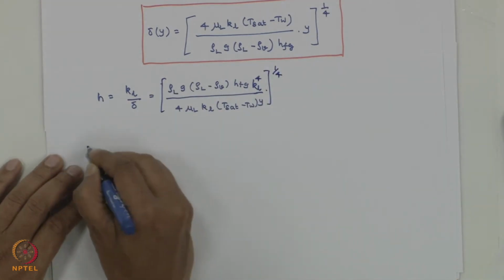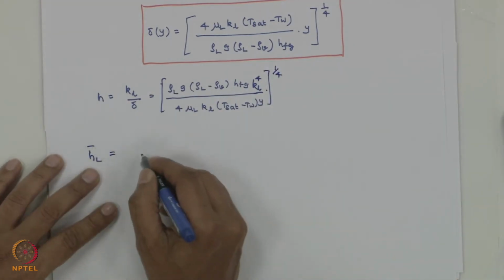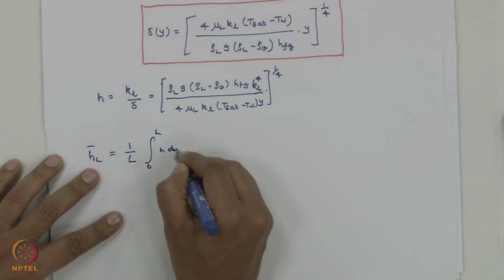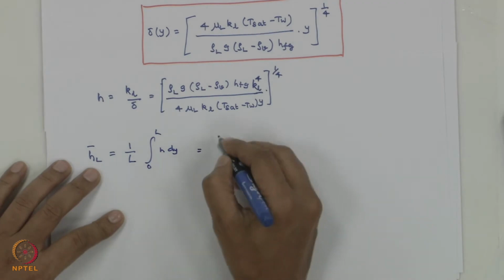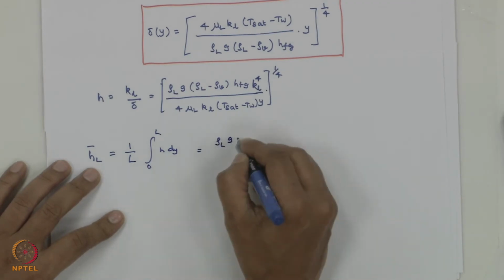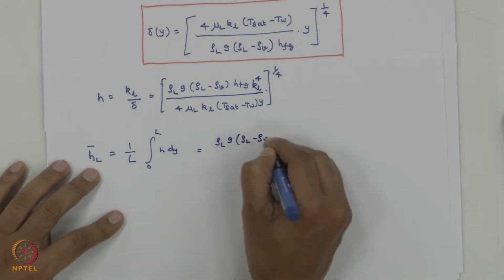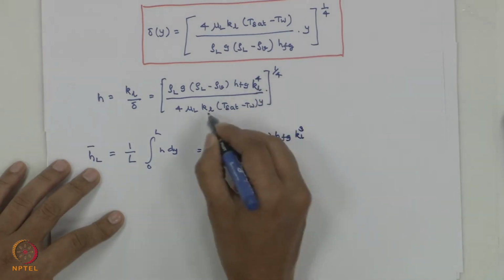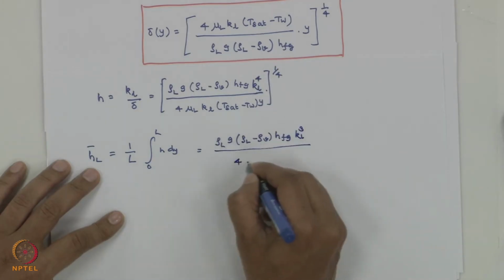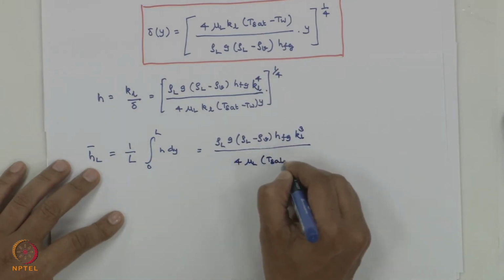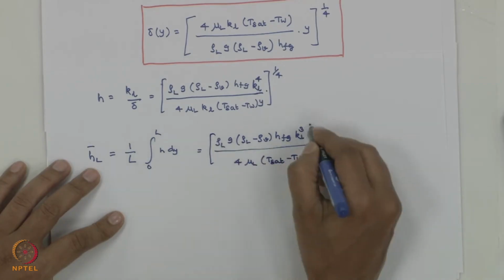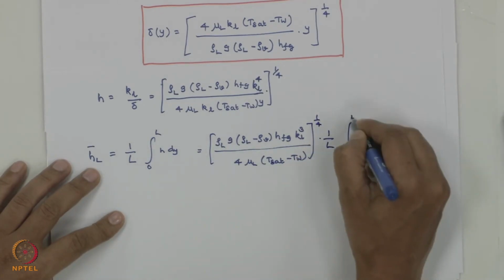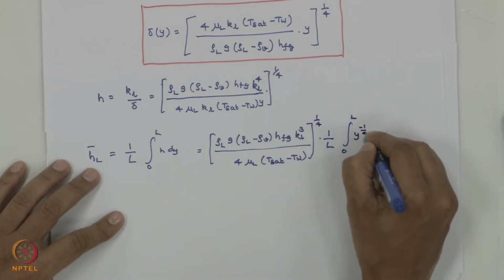If you integrate this over the complete length, that is h L bar equal to 1 by L integral 0 to L h dy, the rest are common constants: rho L g into rho L minus rho V HFG KL cube upon 4 mu L T sat minus T wall to the power of 1 by 4, into 1 by L integral of 0 to L y to the power of minus 1 by 4 dy.